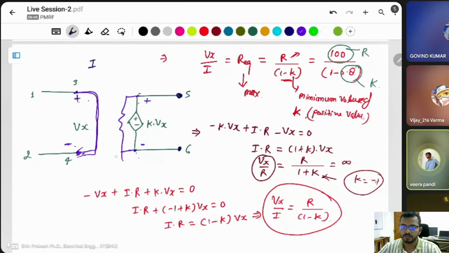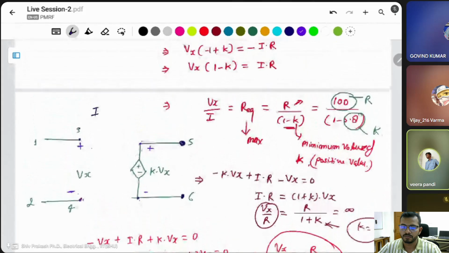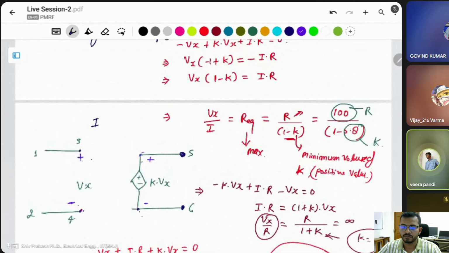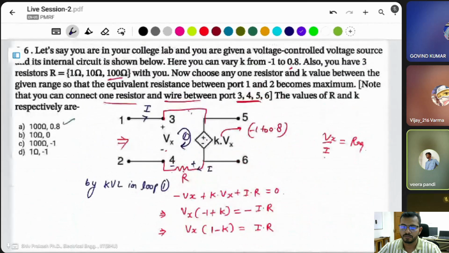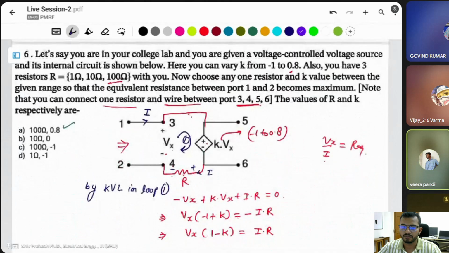Sir, if we redraw the circuit, we get various answers, isn't it? Yes, yes. There's a lot of chances to connect a wire because it's not mentioned. If it mentions 3 and 4 or 3 and 5 and 4 and 6 like that, if they mention between them, then you can connect 3 to 4 a wire and a resistance.